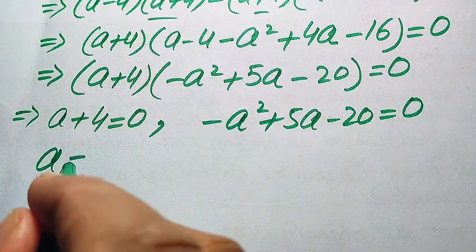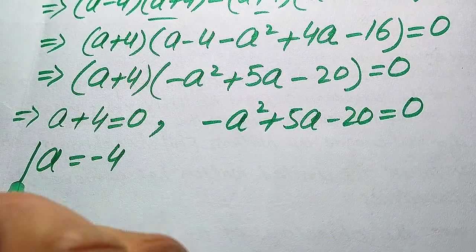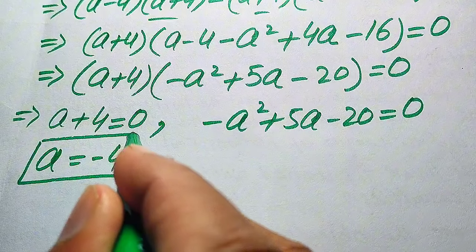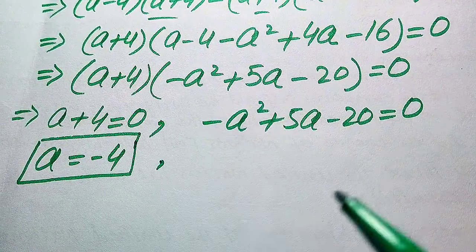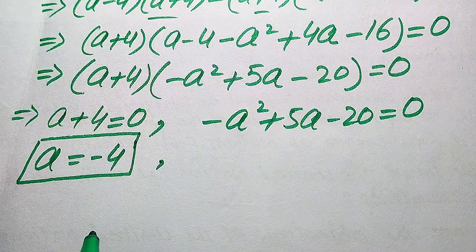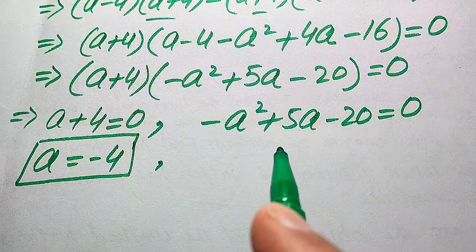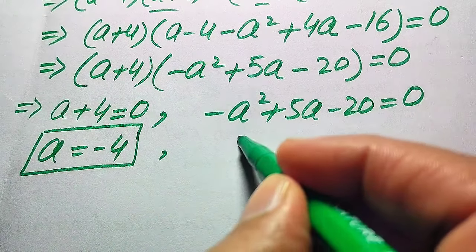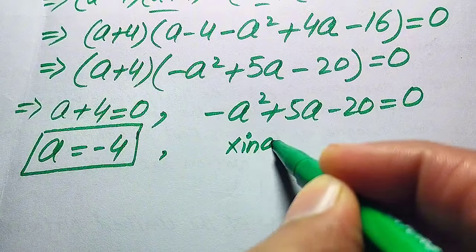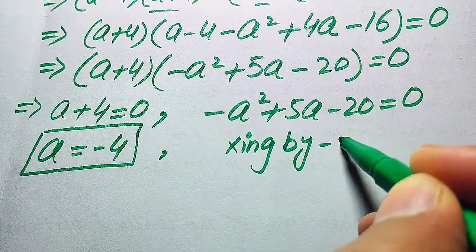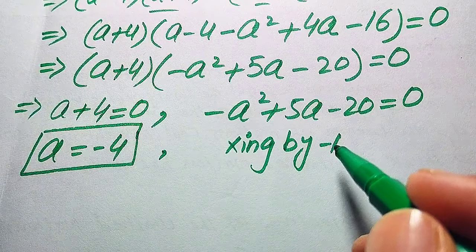So from here we easily get the value of a is equal to minus 4 and this is our first root. And now here, in order to find the other roots, we need to solve this quadratic equation. So this is not in the standard form, but first we need to convert this into the standard form. For this, we multiply each of these terms by -1.